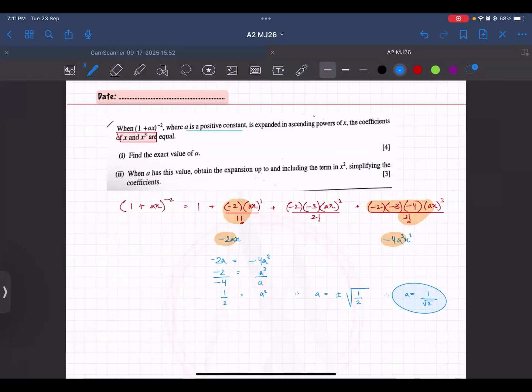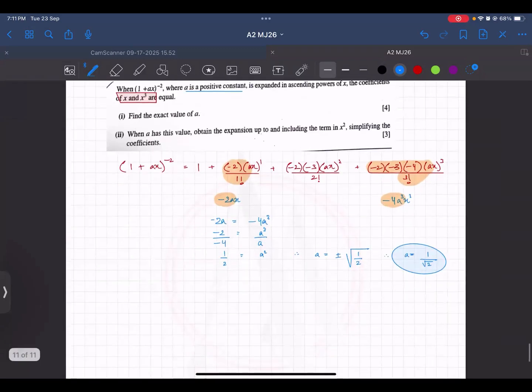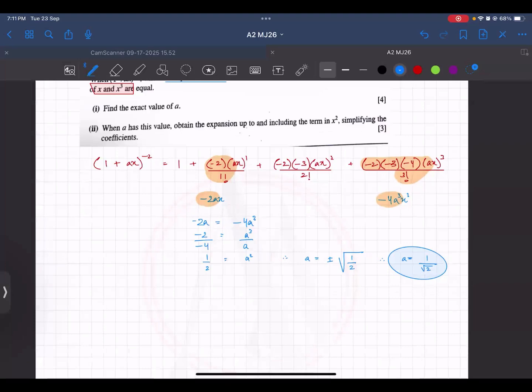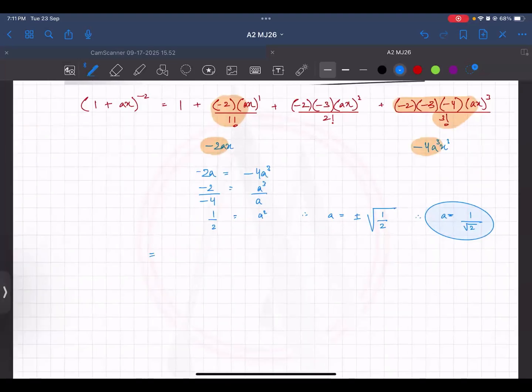Then they're telling us that, given that a has this value, obtain the expansion up to and including x square. We already have the expansion, we just have to put in the value. a is 1 upon root 2, so 1, plus minus 2 times 1 upon root 2 x, plus minus 2 times minus 3 divided by 2 factorial times 1 upon root 2 x whole squared.